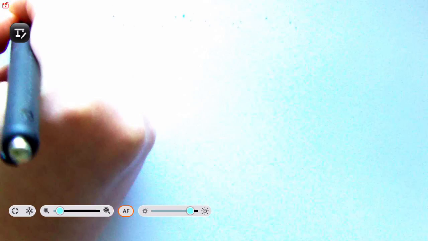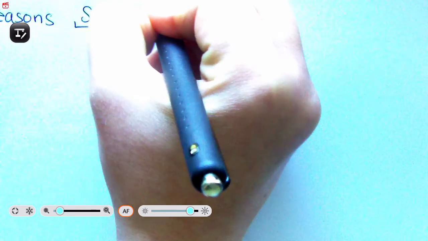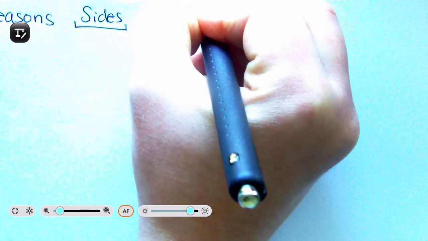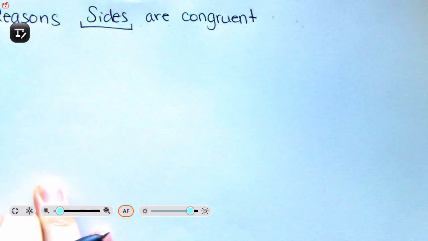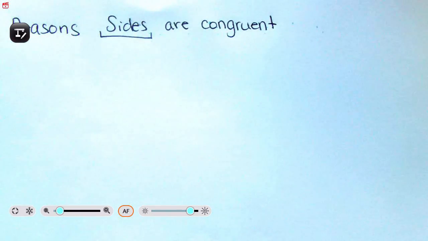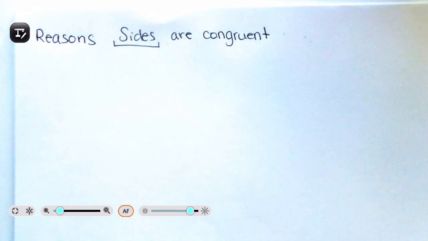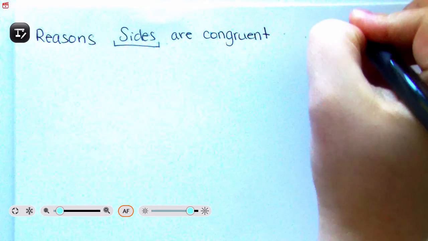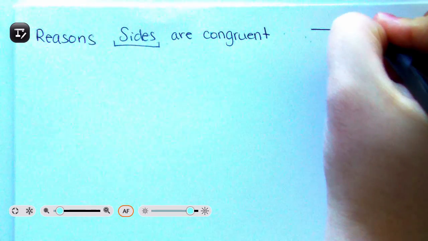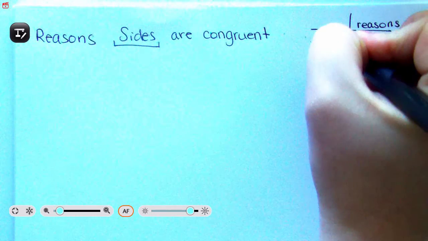So reasons, sides are congruent. So when you're doing your column, this is what can be in your left-hand side. So when you have your column, your reasons, you get to list them here.